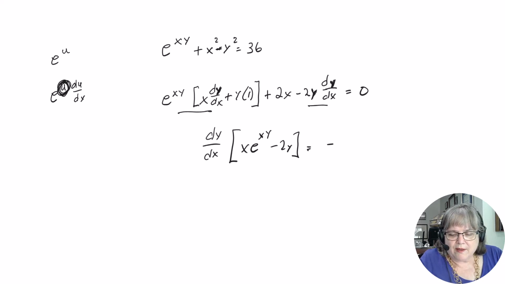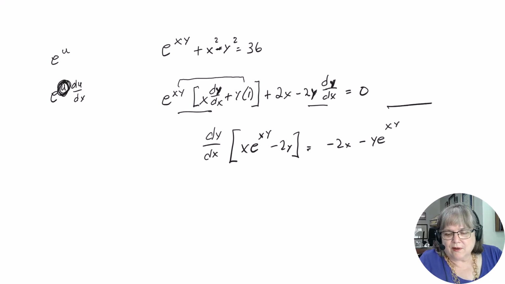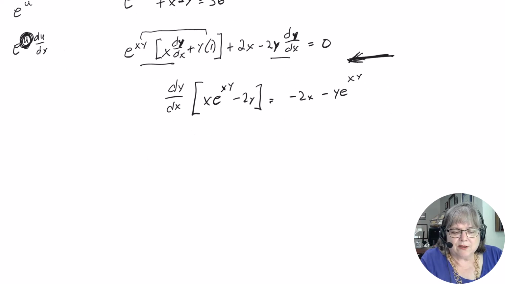Then you bring the minus 2x over here, and this e to the xy times y is going to go over there. So you have minus y e to the xy. I just skipped like 2 steps. So if you're stuck right in here, stop the video, put the extra steps in where you're going to actually subtract, distribute out that e to the xy and then move things over and see if it makes more sense to you. And so you have dy/dx.